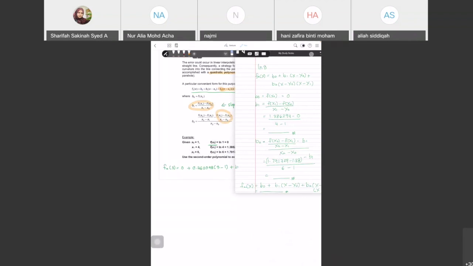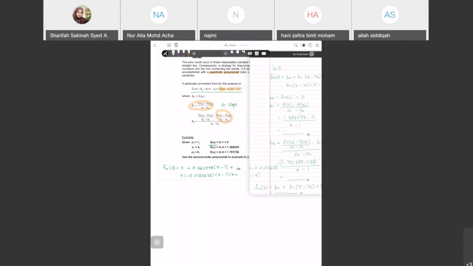So your b2 now is equal to negative 0.0100678, plus negative 0.0100678 times x, 3 minus 1, 3 minus 4. Okay, 3 minus 1, 3.